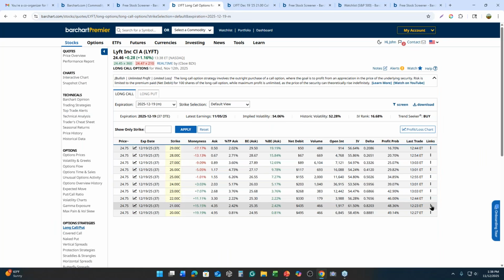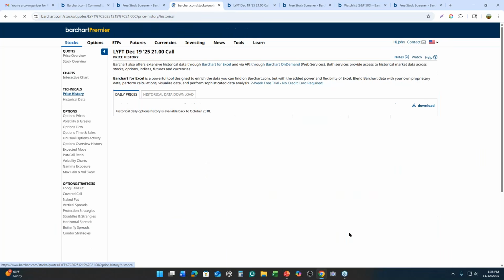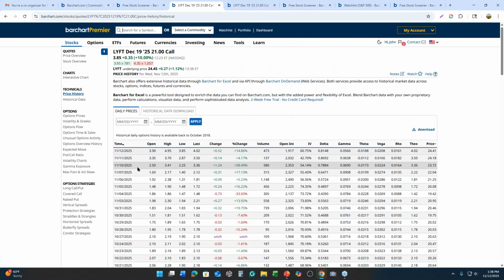We can go over here to the right, and here's price history. This squeeze firing happened about 3 days ago. And you can see that the $21 call, which 3 days ago had a delta of 78, opened up around $2.50.